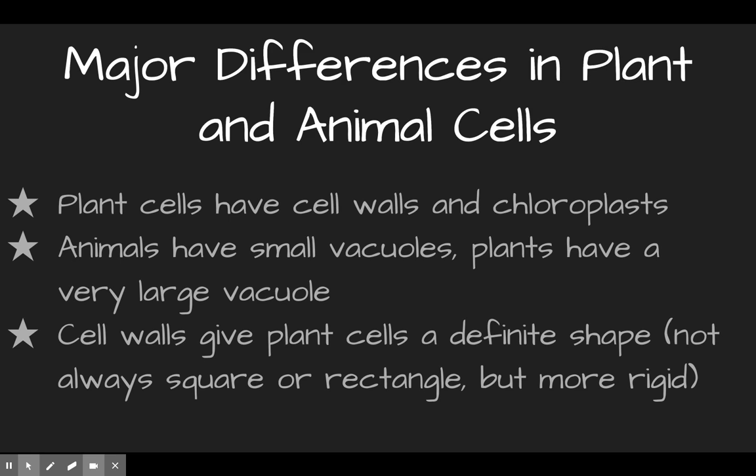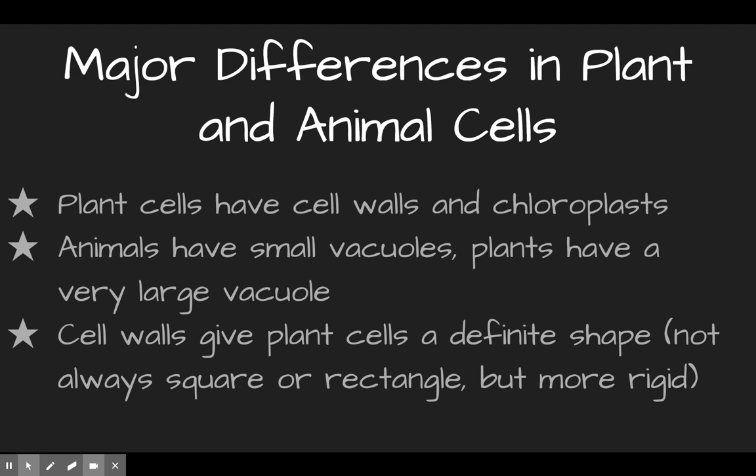Remember, chloroplasts are always going to be green. Why is that? Because they have chlorophyll in them. Now, moving on to the vacuole, both have it. Both plant and animal cells have a vacuole. However, animal cells have small vacuoles and plants have very large vacuoles. So that's another major difference between the two.